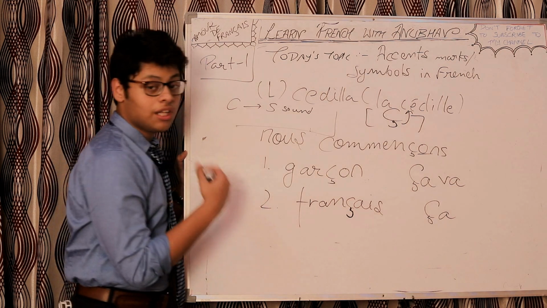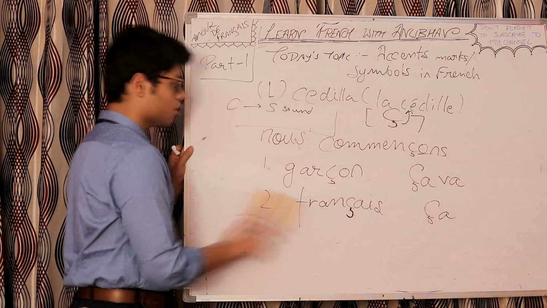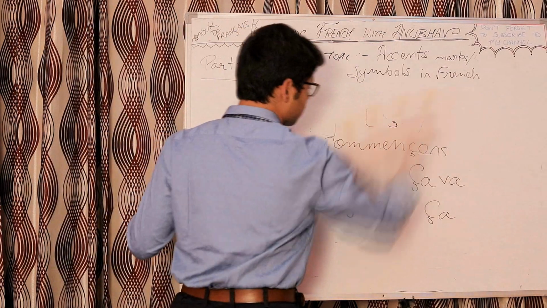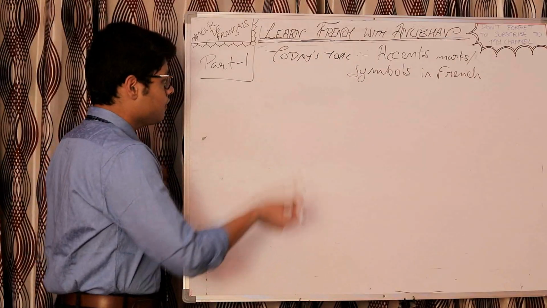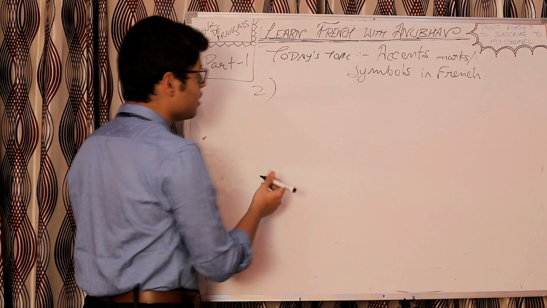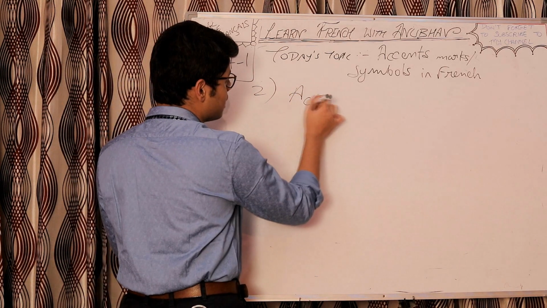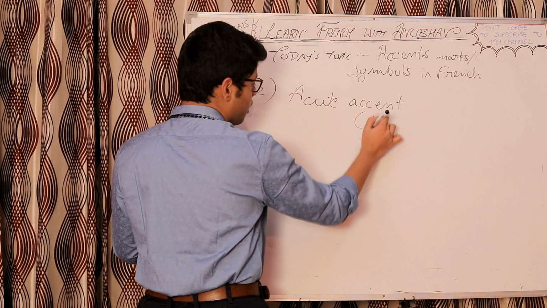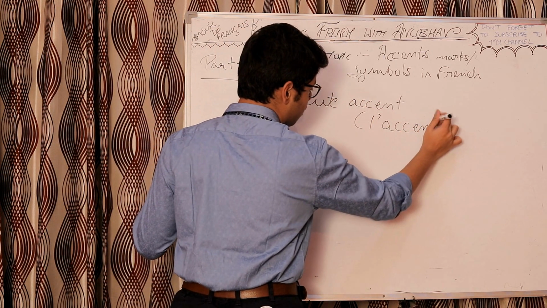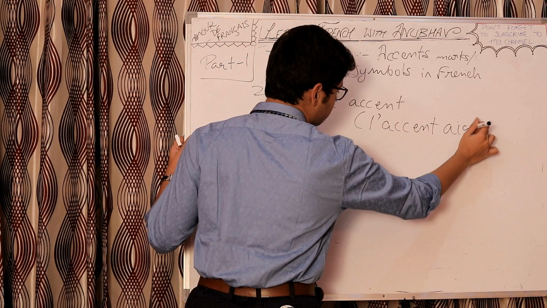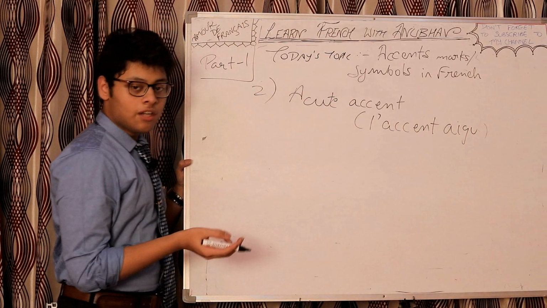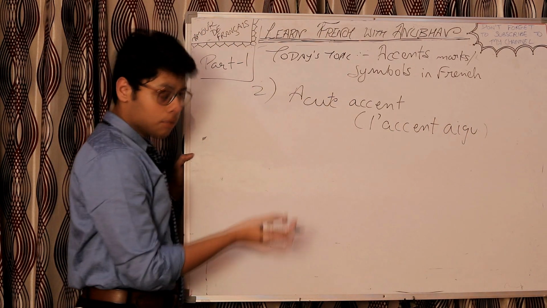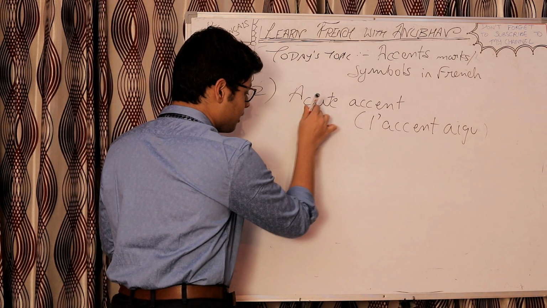So these were some of the examples where we are using the symbol cedilla. Now it's time to move to the next symbol. Coming towards the second accent mark, which is the acute accent, or l'accent aigu. L'accent aigu is this one.